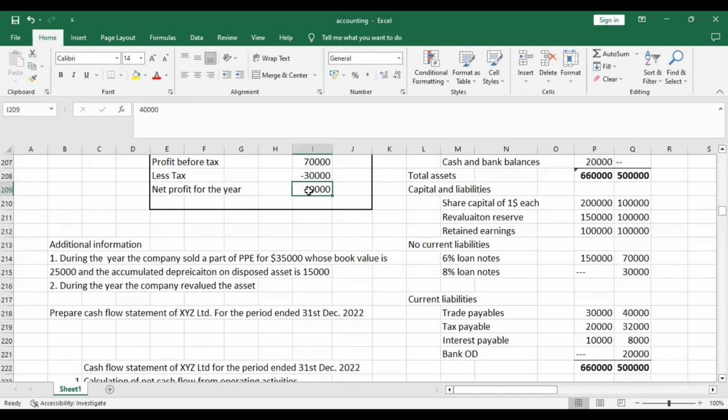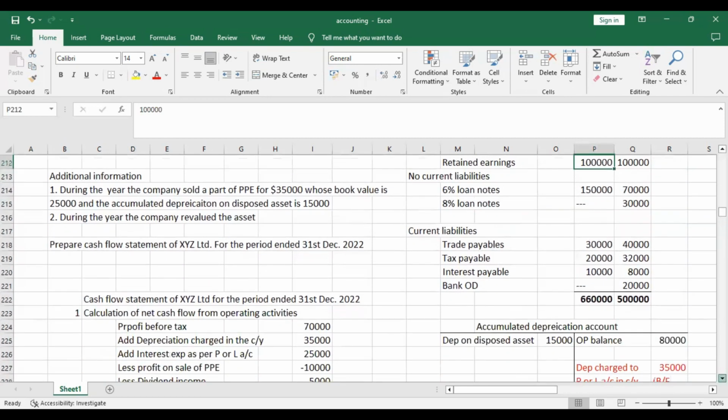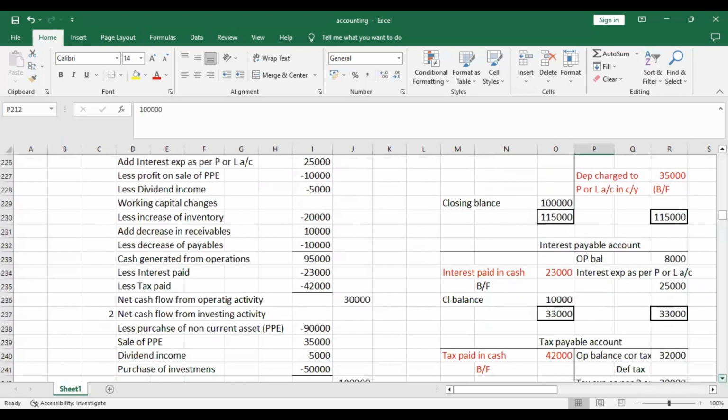Your opening balance is 100,000, and in the current year you made a profit of 40,000. That means your closing balance should be 140,000, but your closing balance is only 100,000. So that indicates very clearly you might have paid some dividend in the current year. Are you clear? So the clue is already mentioned to you.